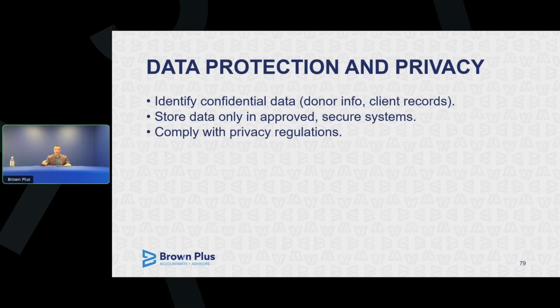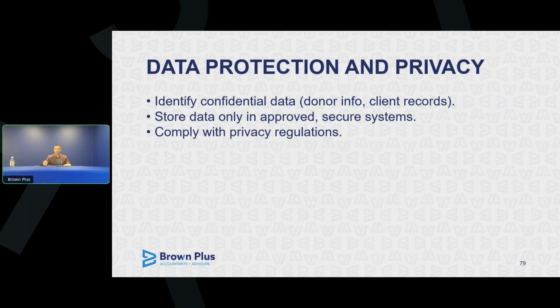So a data security policy is crucial for every organization because it identifies what confidential data is. If you ask one staff member, maybe they have a different idea than the other of what really confidential data is for your organization. If you're like us, you have to comply with the IRS. They tell you, hey, this is what PII data is, and this is how you have to handle it.